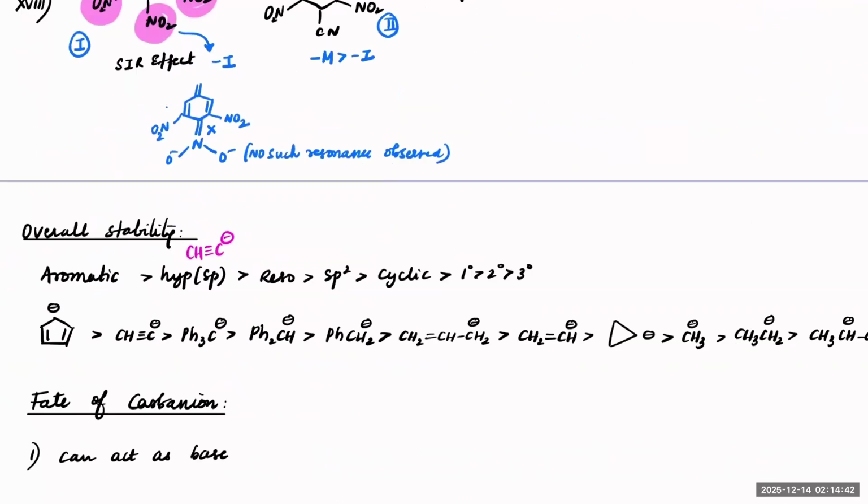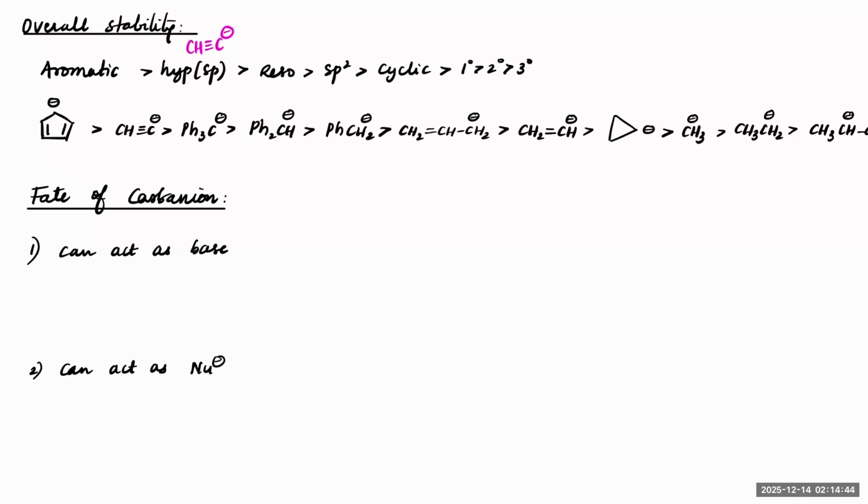Now, if you put all these carbanion cases together, you will notice that aromatic compounds will have the highest stability. Then, in comparison to that, you have to compare the hybridization. Hybridization with sp carbon, which is triple bonded carbon. Then we have resonance stabilization. Then sp2 carbons. Then cyclic structures, 1 degree, 2 degree, and 3 degree. So you can see this is aromatic.